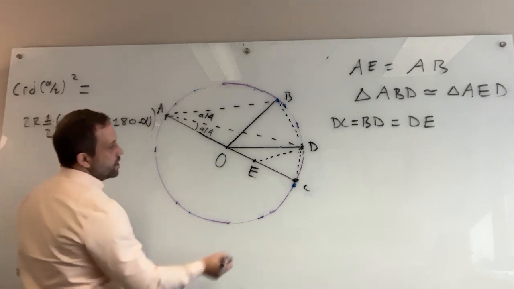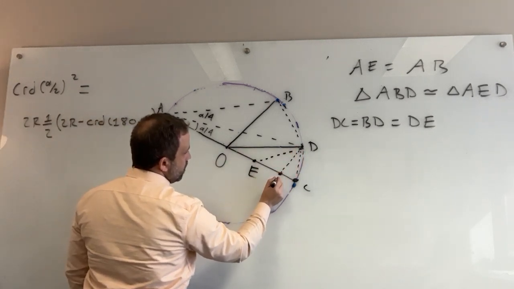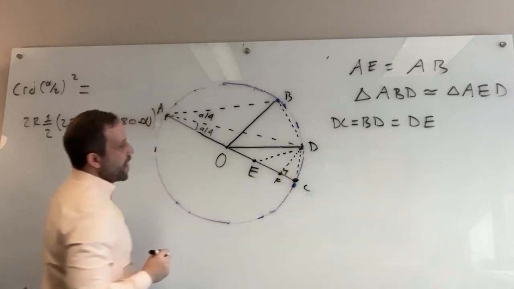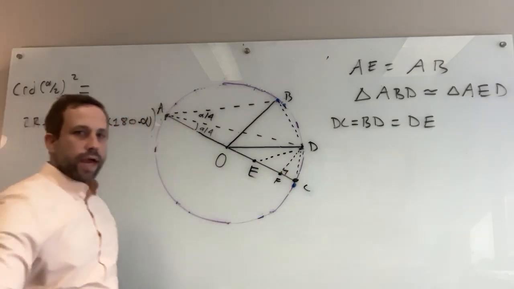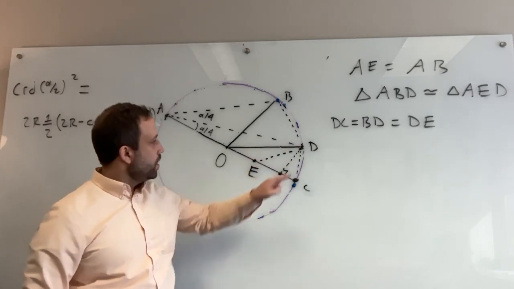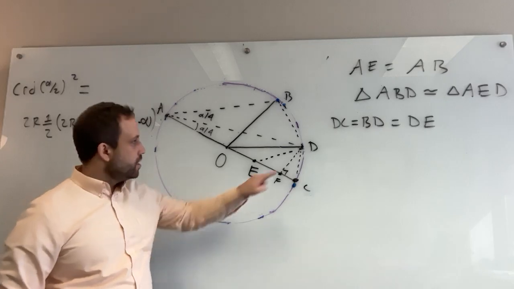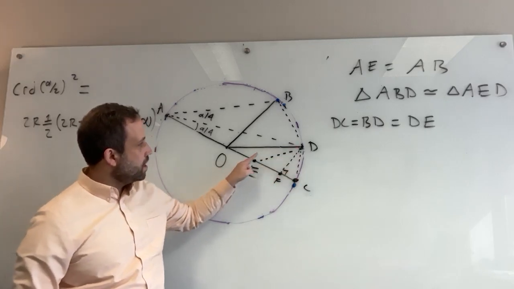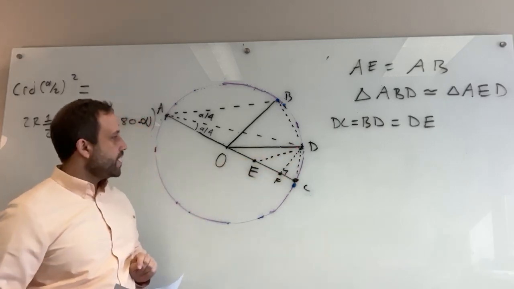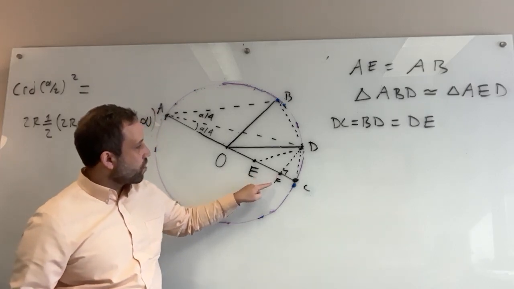Okay, now next step is to pick a point between E and C, call it F, such that that is a right angle. So now notice what we have here. DE, even though my drawing is horrible, DE and DC are equal to each other. So this triangle DCE is an isosceles triangle, and this right here is a right angle.